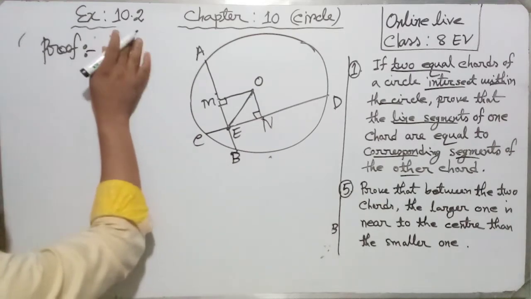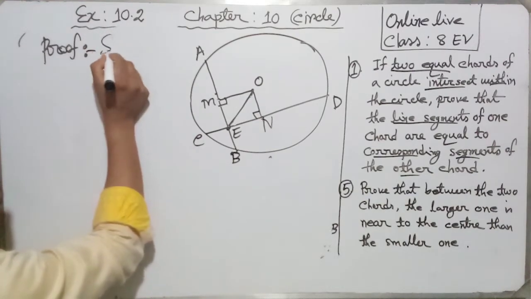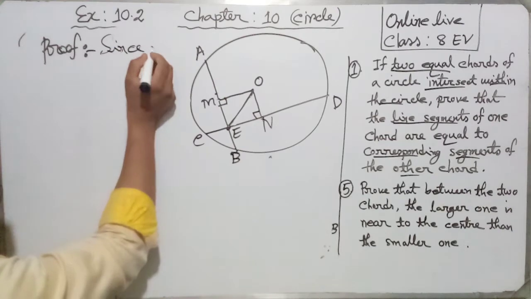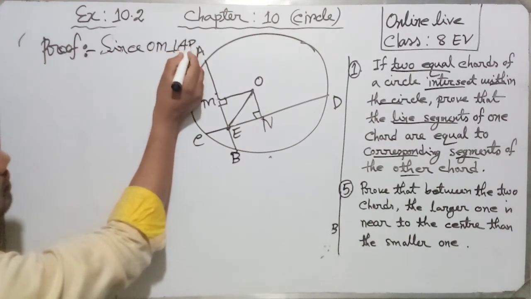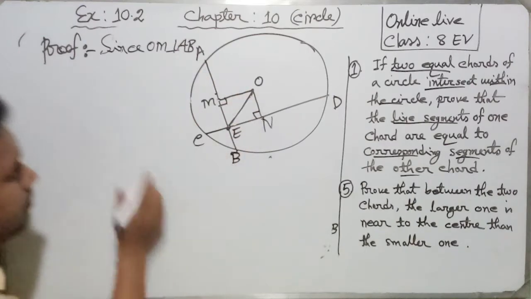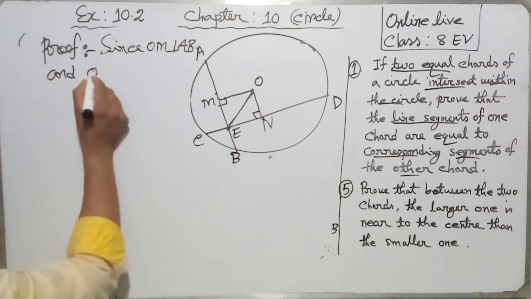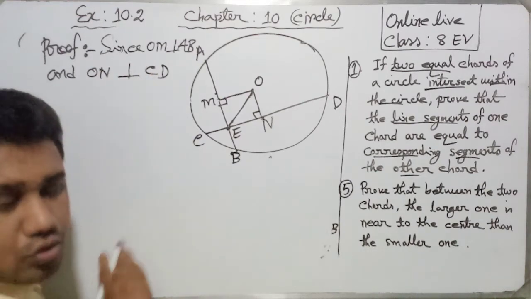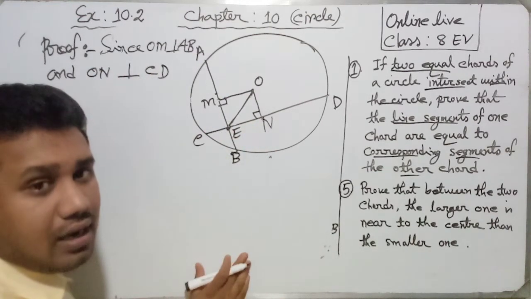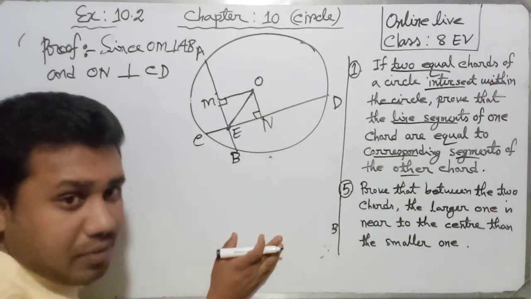So we can write, since OM is perpendicular to AB and ON is perpendicular to CD, M and N are midpoints of the chords.